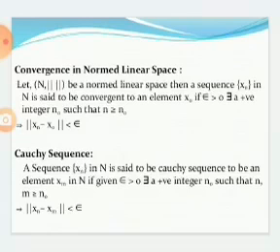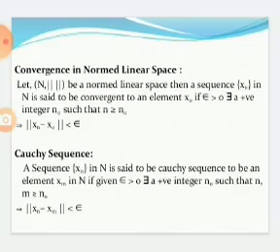implies norm x_n minus x naught is less than epsilon. To get a detailed explanation, a normed linear space can satisfy the convergent definition, the Cauchy sequence definition, and also the complete definition. So first we have to know the definition of convergent.